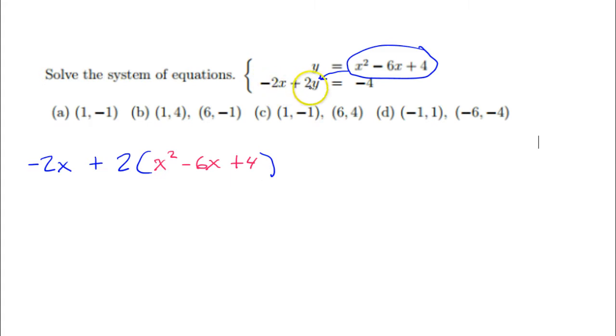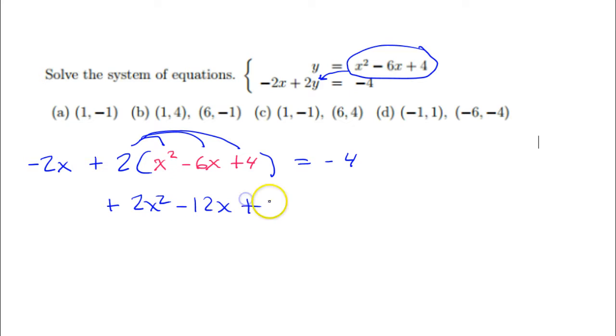Okay, so I have negative 2x plus 2y. I've substituted all this stuff in for y, and that is equal to negative 4. Notice this equation has only x's, so I should be able to solve it. So a little distributive property over here, folks. That's going to give me plus 2x squared minus 12x plus 8.